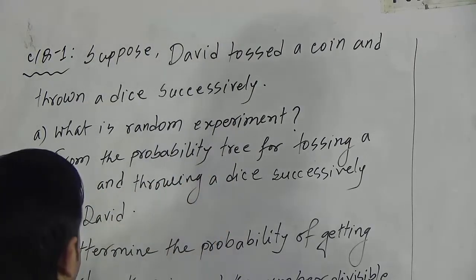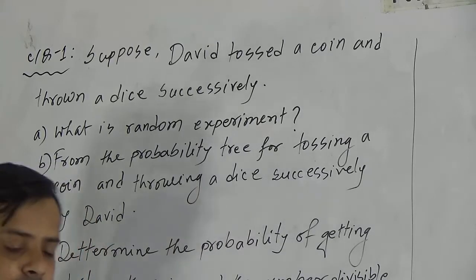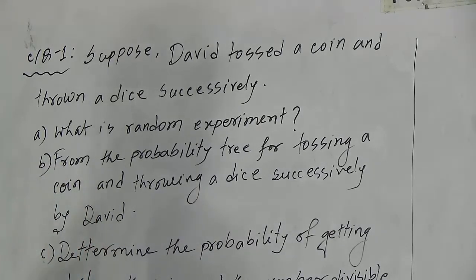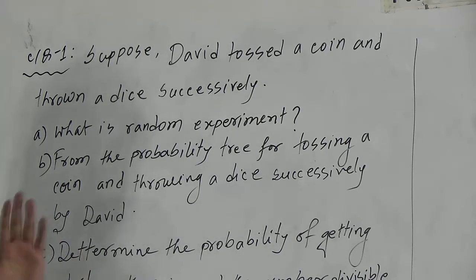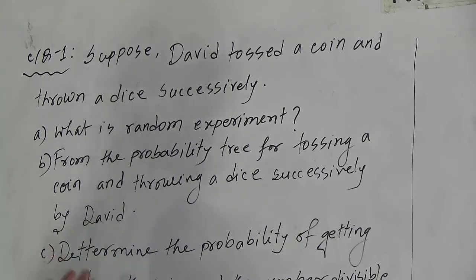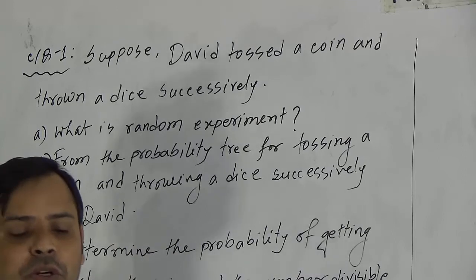Dear students, in the last class I have discussed the basic concepts of probability and all the terms needed in this chapter. There I have discussed the term random experiment. This means in case of question A, you have to write the definition of random experiment, and you can write this from your book.